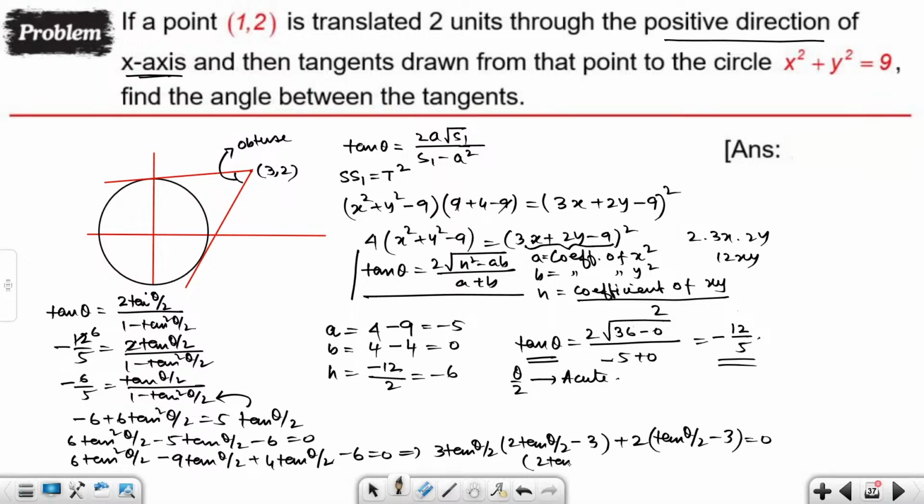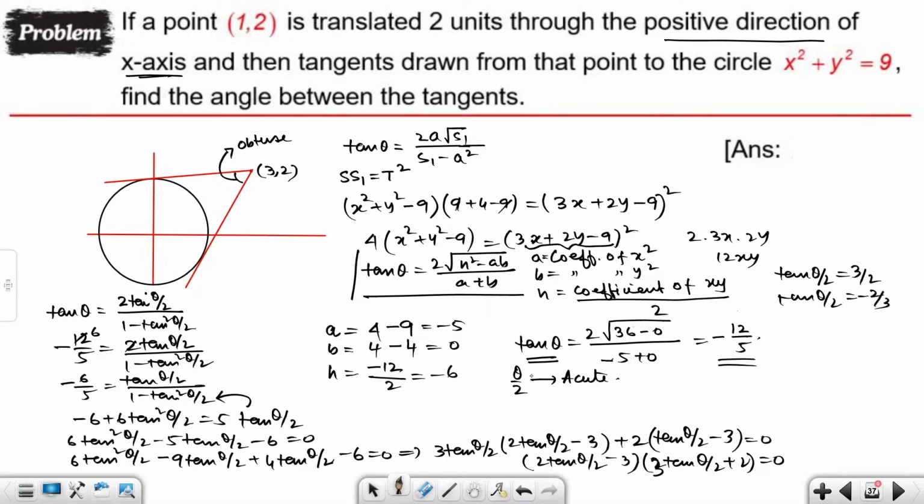So it is 2 tan theta by 2 minus 3 into 3 tan theta by 2 plus 2 equals 0, correct? So either your tan theta by 2 will be 3 by 2 or your tan theta by 2 will be minus, I think it's 3, okay, so minus 2 over 3, right?